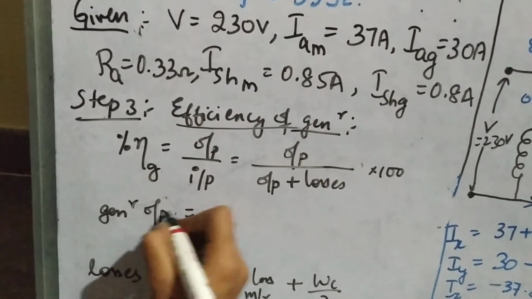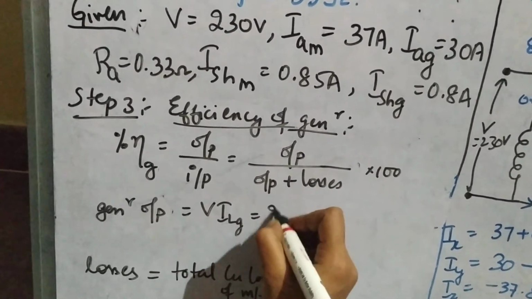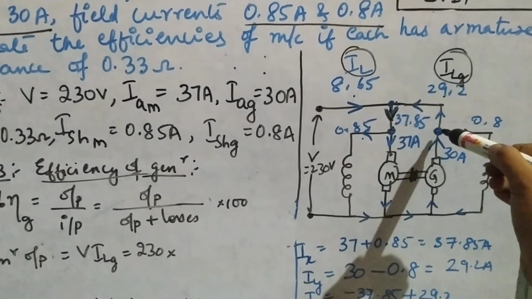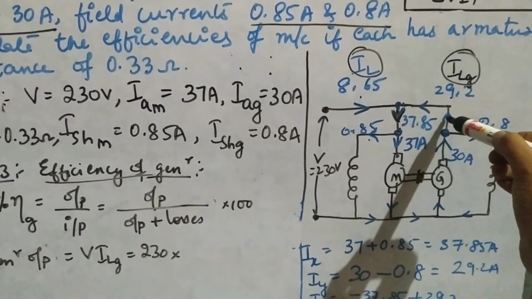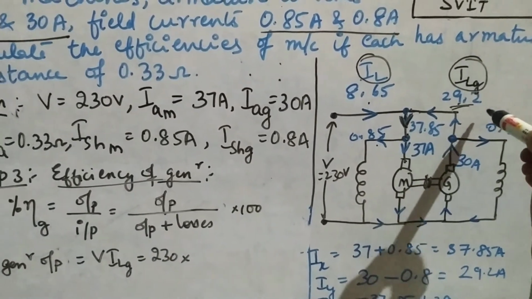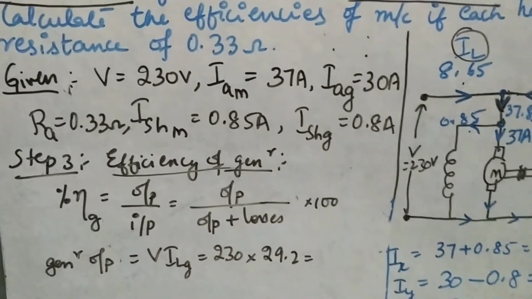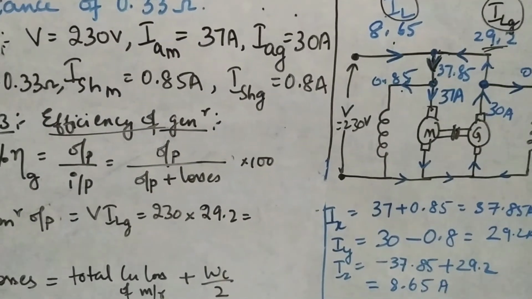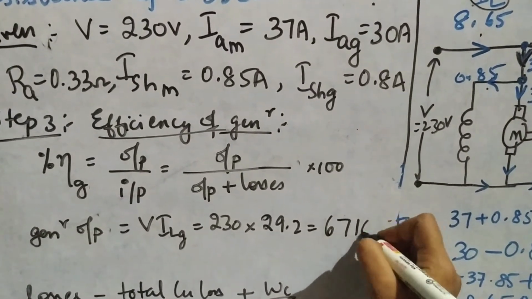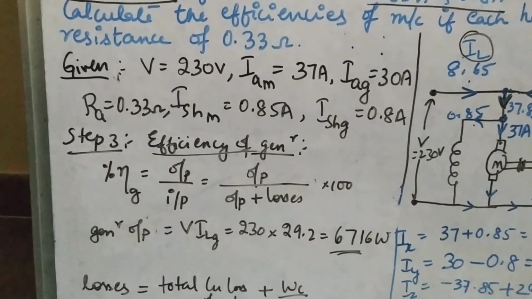Generator output is nothing but V into ILG. So it is 230 multiplied by the current which is given out from the generator, around 29.2 amps. So you do the product of these two values, and you'll get the answer as 6716 watts. Okay, that is about the generator output.